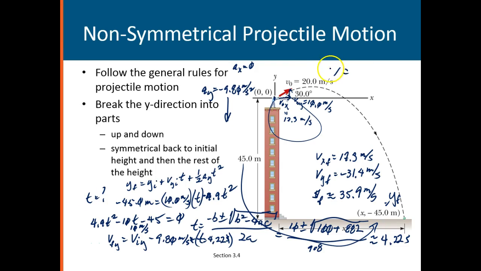Okay, change of X, delta X, equals VIx t plus 1/2 acceleration times t squared. And what acceleration is that? The acceleration is 0.